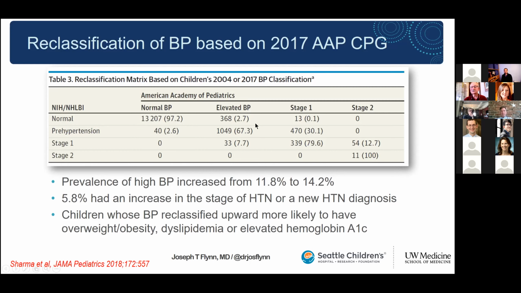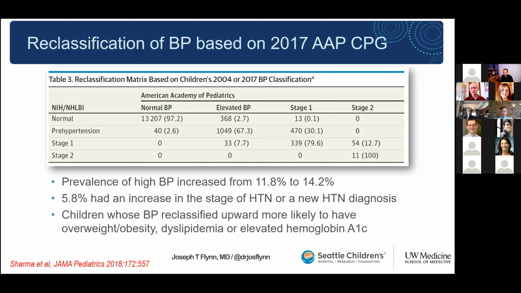Now almost 3% of them had elevated blood pressure, and then some of them had blood pressure that would have been at the stage 1 hypertension level. And you can see this happening for the pre-hypertensive group. Many more of them were classified as stage 1 hypertension. Same for the stage 1 hypertension, now it's children classified as stage 2. And about 6% overall were reclassified upward.